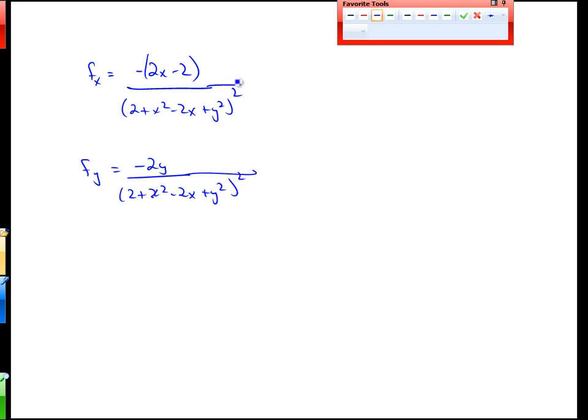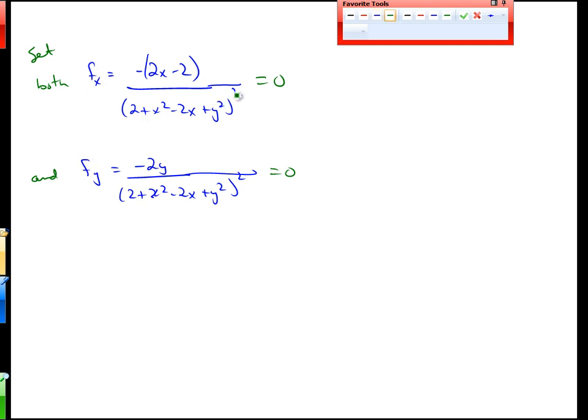There we go. And what are we doing with these? We're setting both of these equal to 0. Okay. Why are we setting them equal to 0? Because we want the points where the derivatives are both going to equal 0.